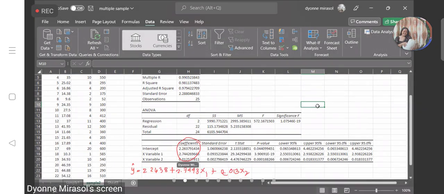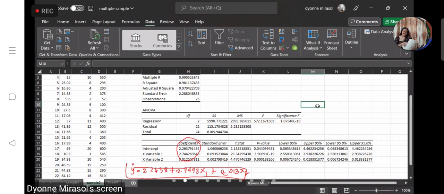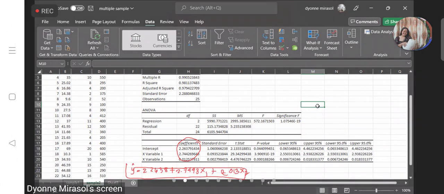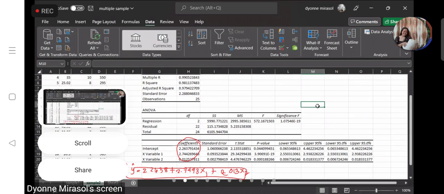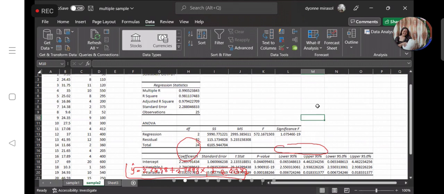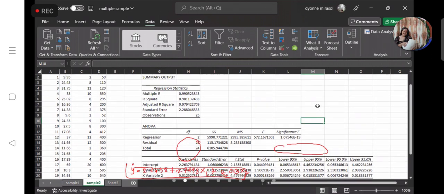This is the regression model. Here are our confidence intervals for each coefficient. Here is the correlation coefficient, this is r squared, and this is our adjusted r squared. We have 25 observations.